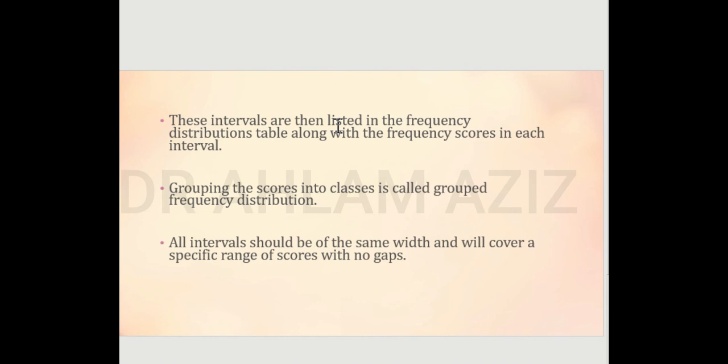It will show you how to group all your data. All intervals should be of the same width and cover a specific range of scores with no gaps. If you have too many rows, it will group your data, let's say from 10 rows to at least 5 to 6 rows, so it will be easier for you to analyze the data.